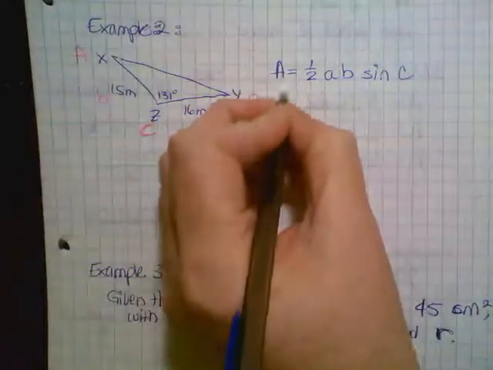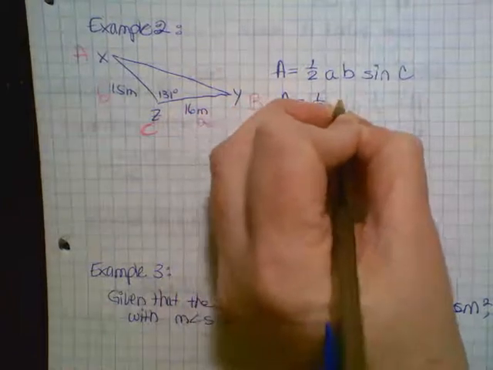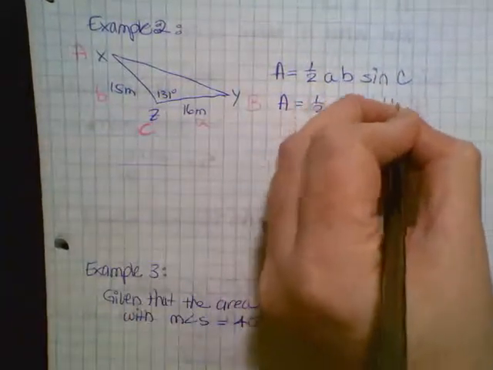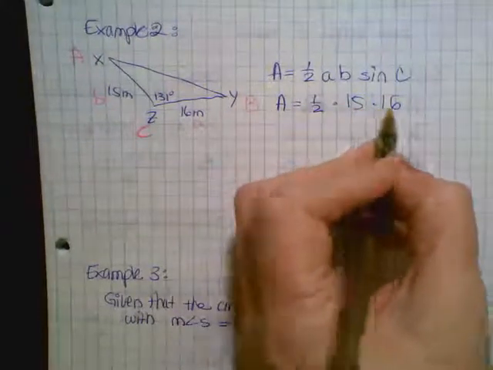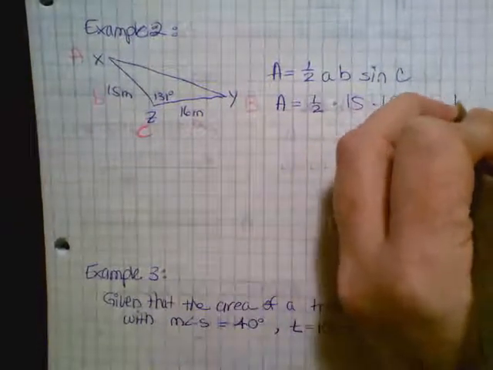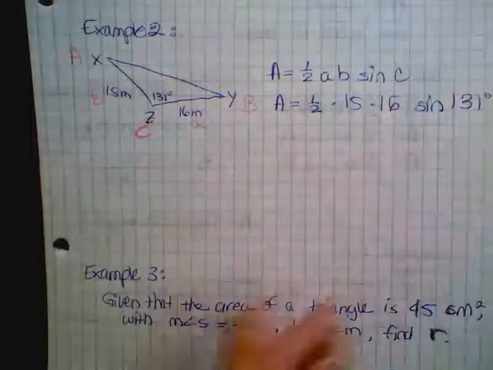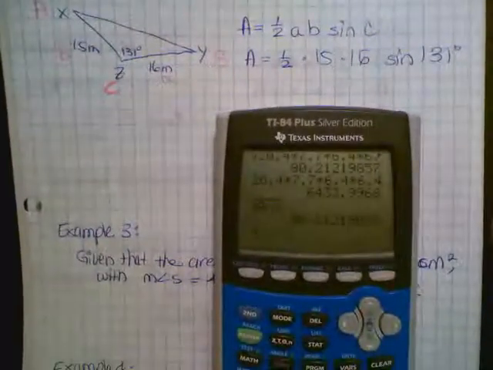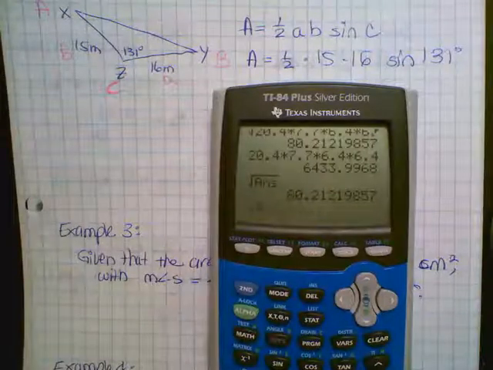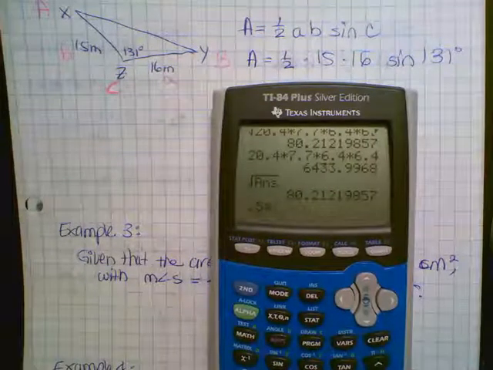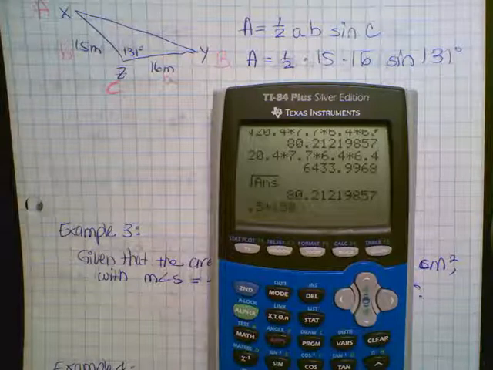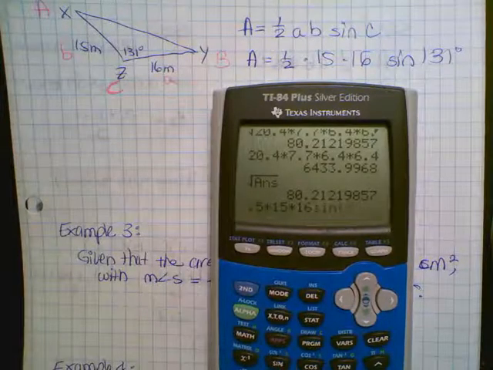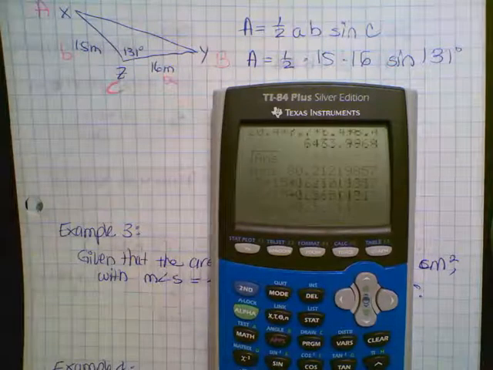So then I just plug in 1/2 times 15 times 16. Order of these two don't matter, right? Sine of 131 degrees. So when I put this in the calculator, I just end up putting in here 0.5 times 15 times 16 sine 131.